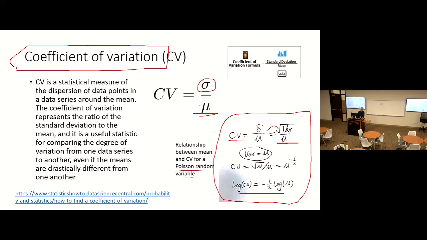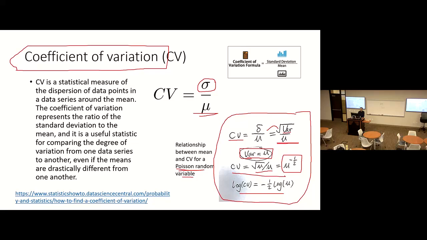Basically, it's the standard deviation normalized by the average. In the Poisson distribution, the variance is the same as the mean. So in that case, we can replace the variance with the mean itself. So if your distribution is Poisson, then the CV is the square root of the mean divided by the mean. Then you derive this equation here. This is applicable for the Poisson distribution.